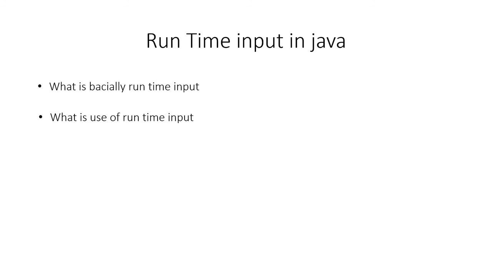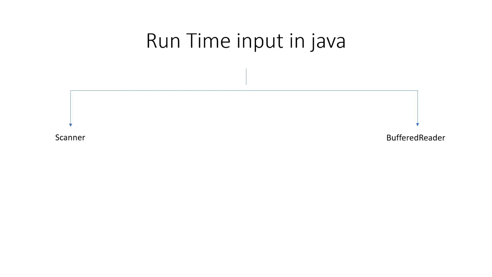After understanding the use of runtime input, the next question arising is how can we take runtime input? Once it is clear that runtime input is better, how can we take it in our Java program? To take runtime input in Java, Java has provided us two classes, one named Scanner and another named BufferedReader. So by using Scanner or BufferedReader, we can take runtime input.